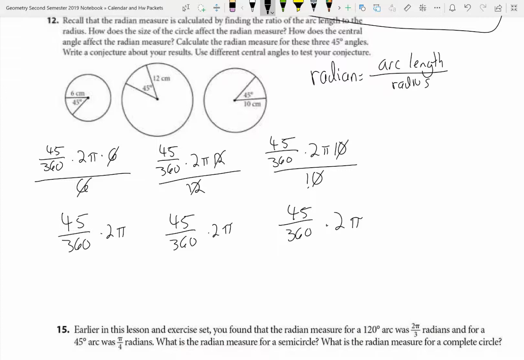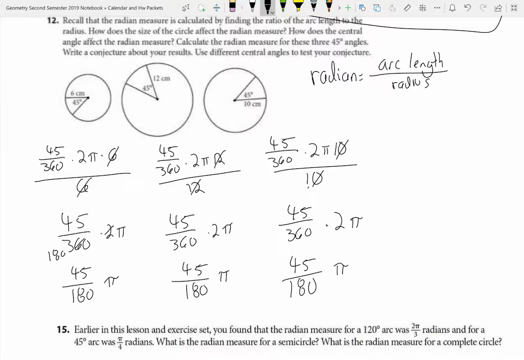Well, I can go ahead and simplify this because I have a 2 here, and that will change this to 180. So that's 45 over 180 pi for all three.